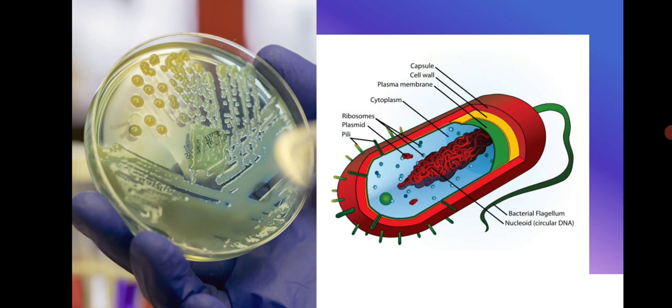Within the capsule is the cell wall, within the cell wall is the plasma membrane, and within the plasma membrane is the living matter, the fluid-like gelatinous substance, which is given in blue color, that is cytoplasm. And cytoplasm consists of ribosomes, plasmid, and nucleoid, that is DNA. Plasmid is the extra genetic material which is present only in few bacteria.